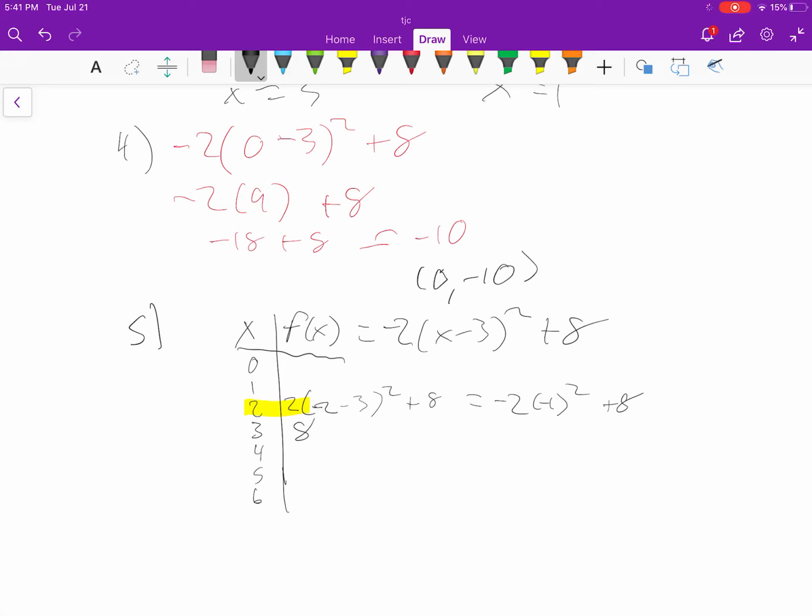So -1 squared is 1. 1 times -2 is -2. -2 plus 8 is 6. So this is 6. Because of symmetry, and because I've lined up your vertex right here, I will know if I plug 4 in that I'm going to get 6 as well. You can go ahead and try it. Plug it in.